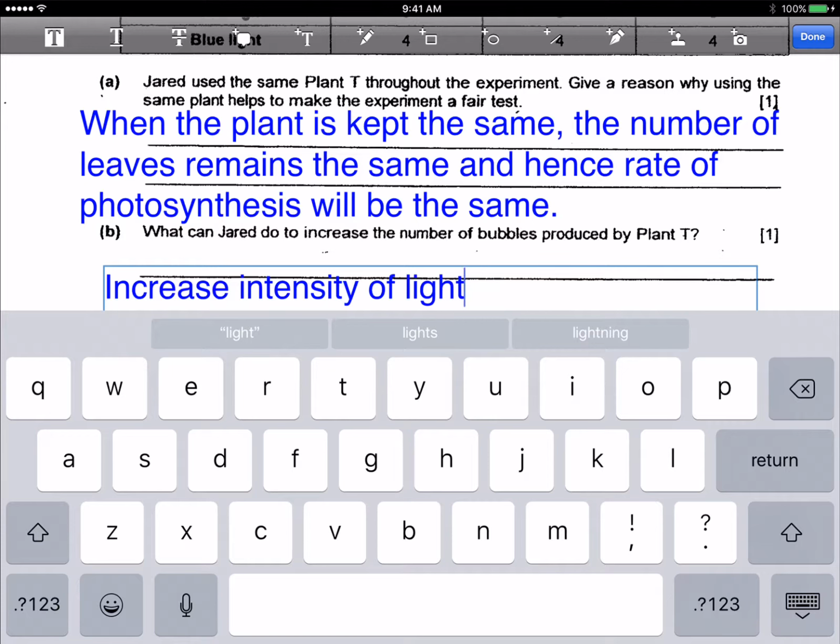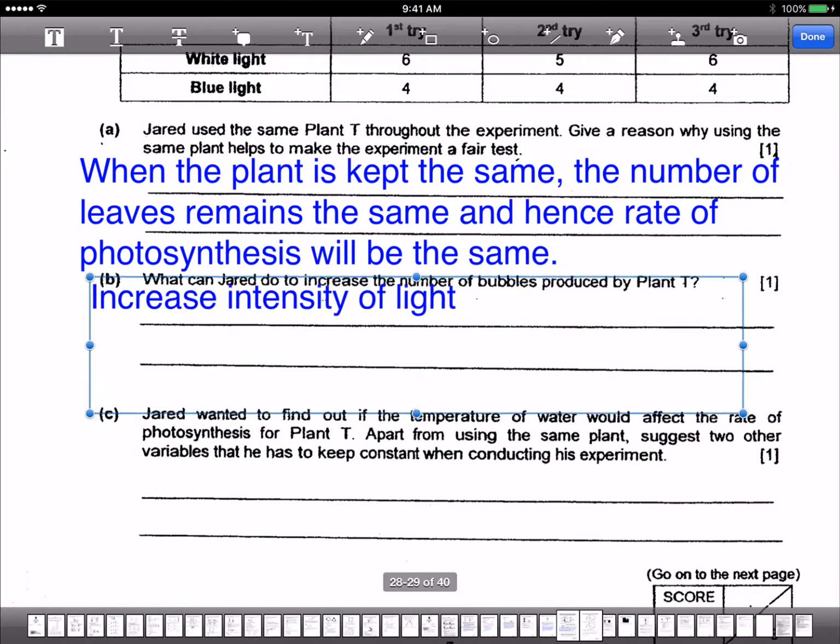No. Okay, you have to talk about increasing the intensity. Now, how to increase the intensity? You can bring it outside. Number one, use a stronger torch. Number two, bring the torch nearer. So all these actions increase the intensity of light.